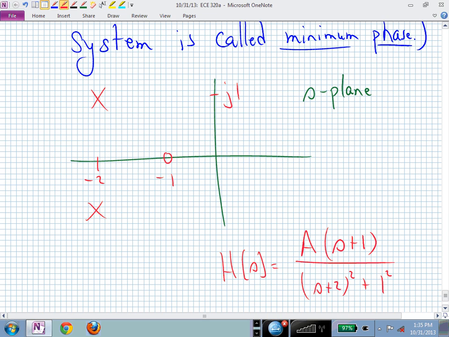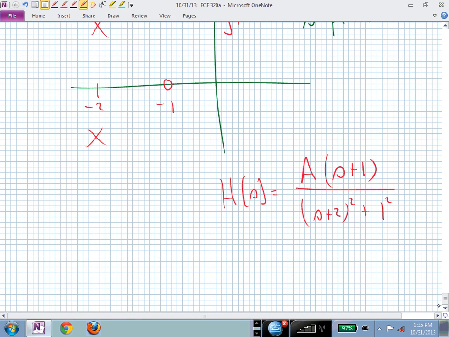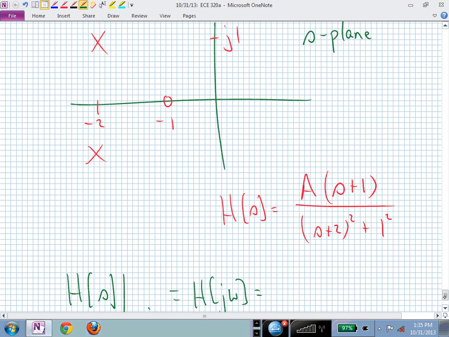Now, what I'm saying is when we want to look at the frequency response, we now are looking at H of j omega.